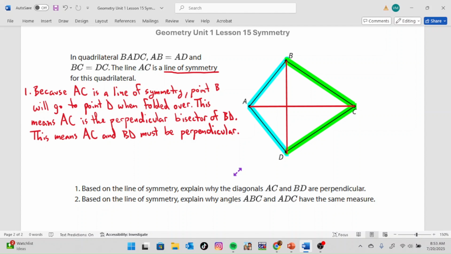Number 2, based on the line of symmetry, explain why angles ABC and ADC have the same measure.